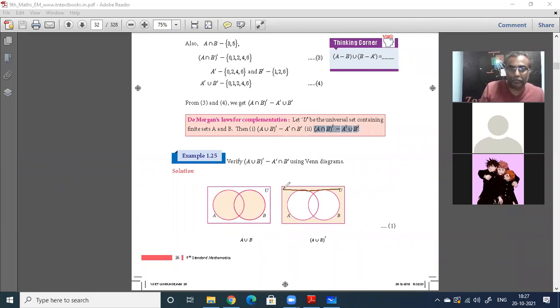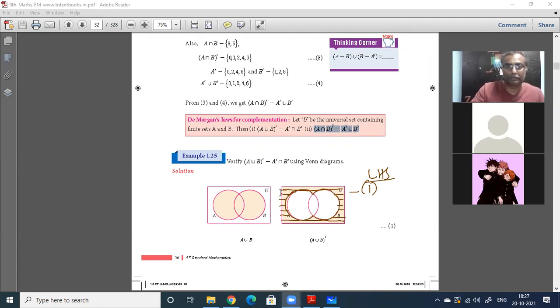So this whole thing becomes A union B complement. Now this is LHS.